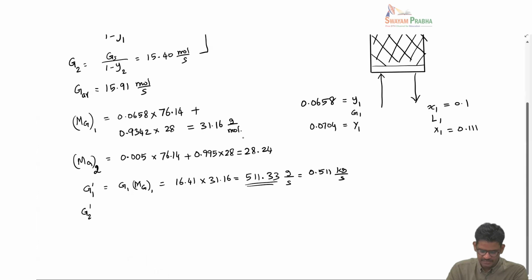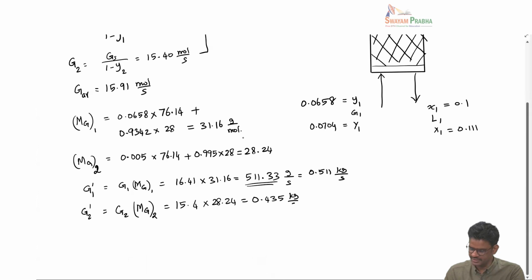Similarly, G2 prime is G2 times the molecular weight at the top of the column. So this is 15.4 times 28.24, and you'll get 0.435 kilograms per second.